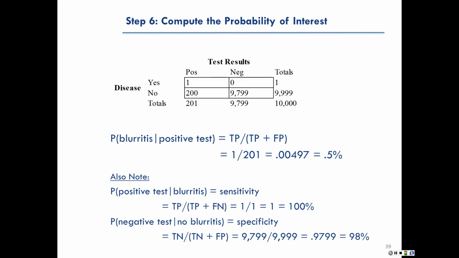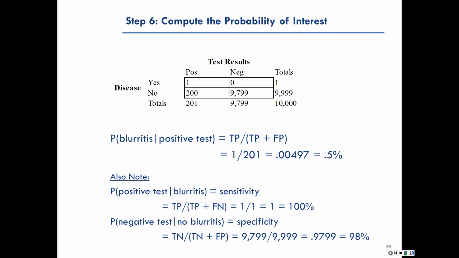And so step 6 is just to compute our probability of interest. And so the question is, what's the probability of having bleuritis given the positive test? And now you can see, instead of that really complicated formula that we went through, the Bayesian formula in the last lecture, once you have this information at hand, it's pretty easy to calculate.